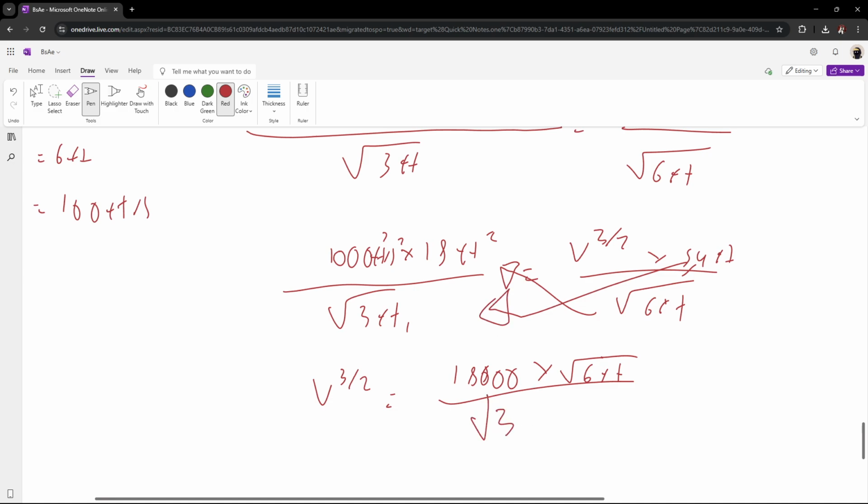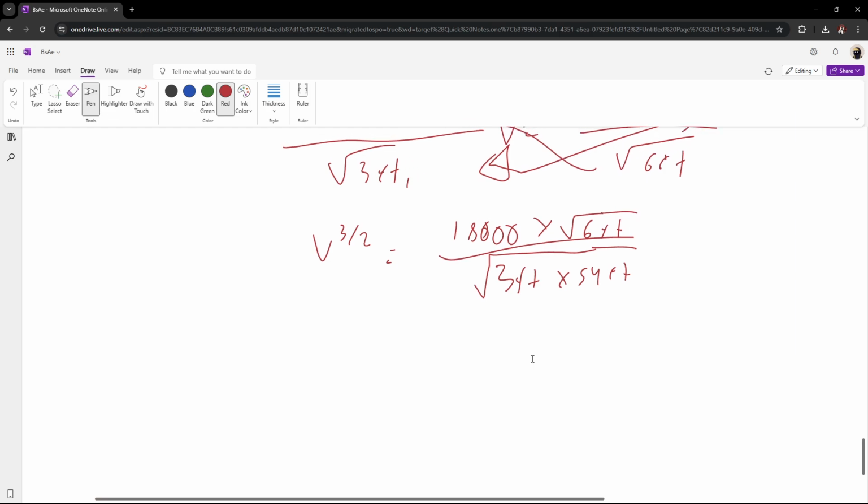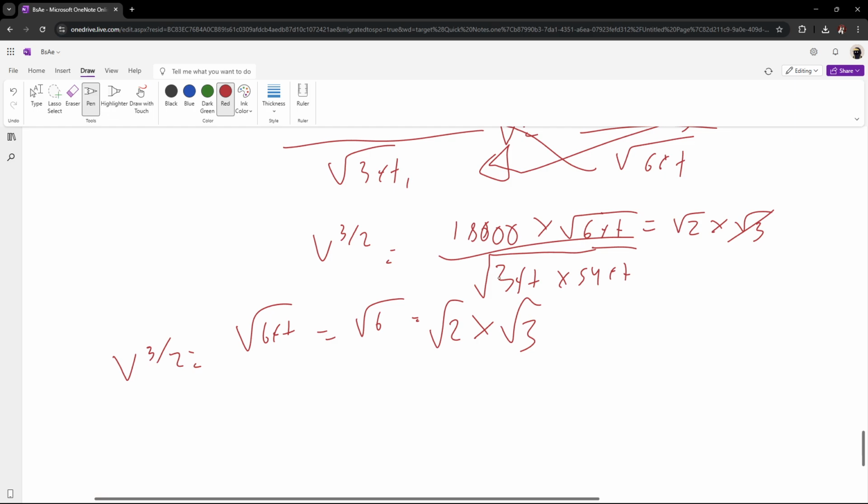3 foot times 54 foot. Okay. Now can we simplify that any further? Yep, we can definitely do. We know that 6 foot through thirds is equals to 2 times square root of 3, which you can cancel 3 foot.